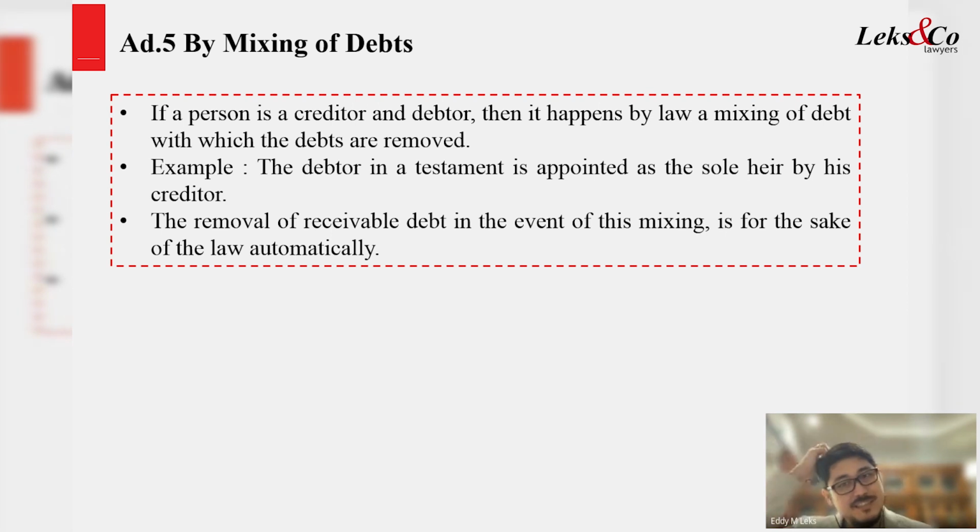Example, the debtor is, in a testament, maksudnya wasiatnya, appointed as the sole heir by his creditor. Nah, jadi orang berutang pada orang lain. Kan jadi saya debitur, orang lain kreditur, toh. Tapi tiba-tiba oleh kreditur yang mengutangi saya itu, dia menunjuk saya sebagai ahli waris tunggal di wasiatnya dia, ya.